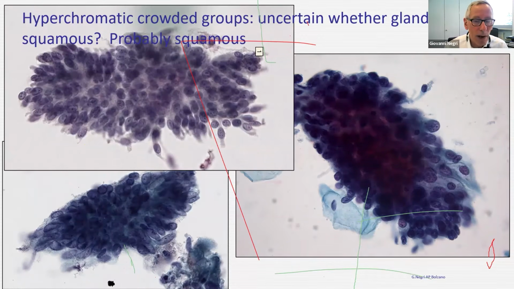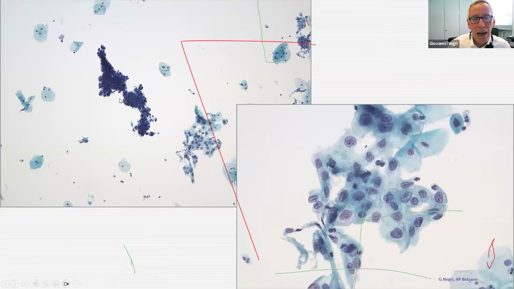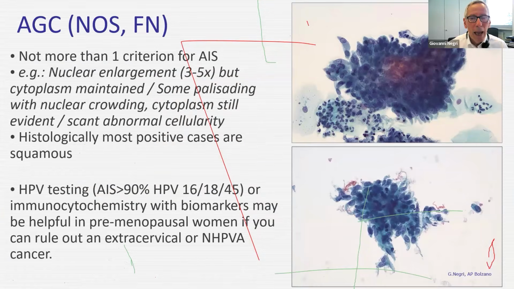Of course, it's not a 100% rule, but it may help. And anyway, never forget that in about 50% of adenocarcinoma in situ, you may also have a coexistent high-grade lesion. So adenocarcinoma in situ and HSIL are often found together.